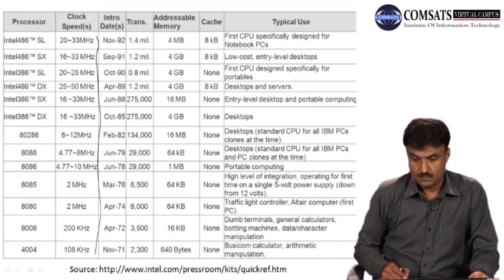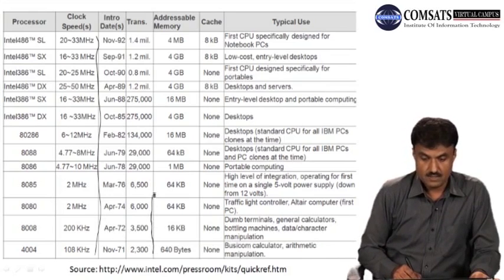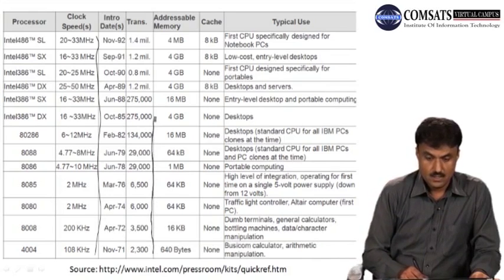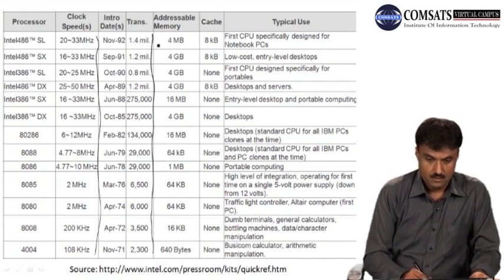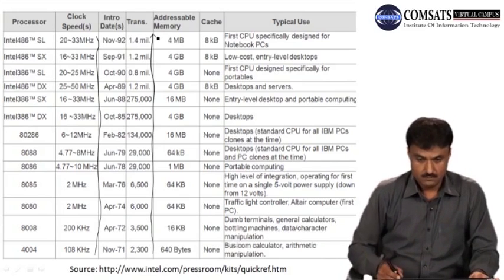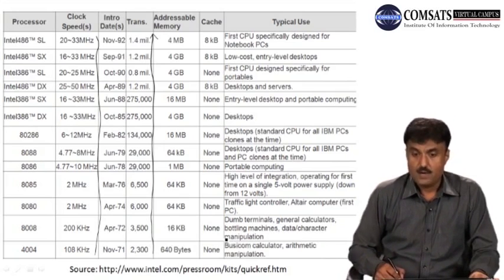You can also see the number of transistors. They increased the number of transistors to make the microprocessor more computationally efficient. Then the addressable memory.